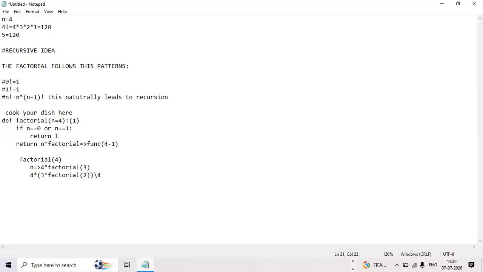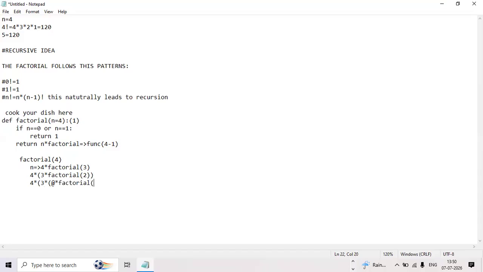Two, 4, again, 4 will be there. Okay, 4, this 3, this 2, this factorial. Again, I'm calling the function.